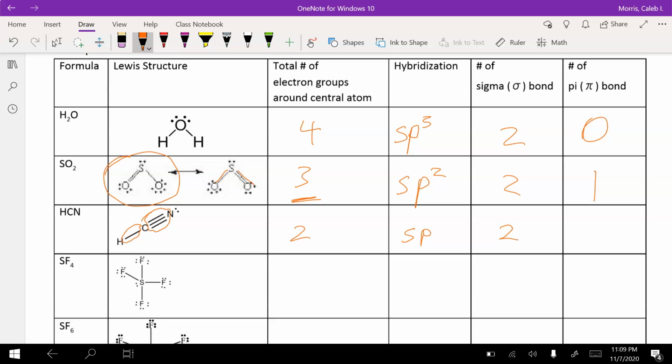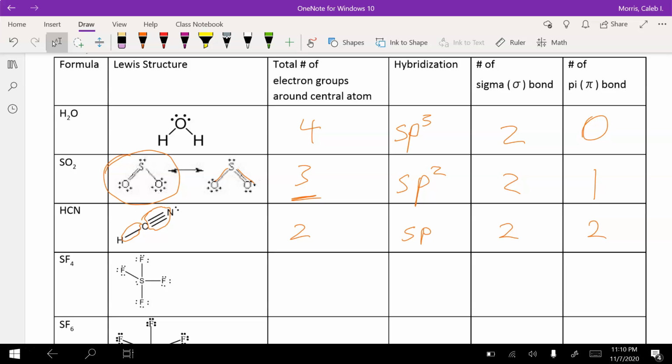And since I have a triple bond, that means I've got two pi bonds, which means if I look at my Lewis dot structure, then the total number of bonds, sigma bonds and pi bonds, should add up to be the number of lines that I have, or pairs of electrons being shared. And it does. 2 plus 2 is 4, 3 plus 1 is 4.